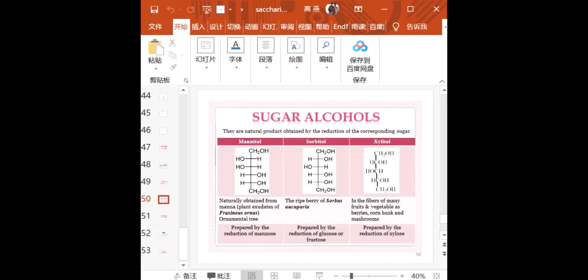Okay, now we look at some sugar alcohols. As we talked about in the chemical reactivity of monosaccharide, of glucose, we already know how we prepare sugar alcohol.